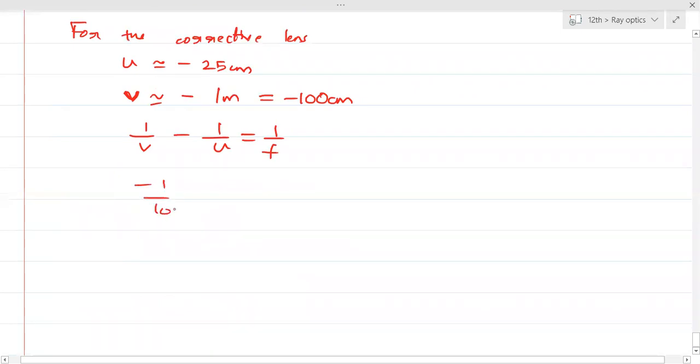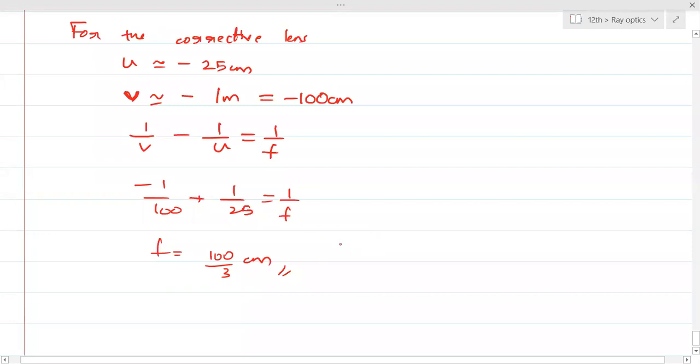Minus 1 by 100 plus 1 by 25 will be equal to 1 by F. And F will be equal to 100 by 3 centimeter. Positive focal length should be obtained. Okay? Clear?